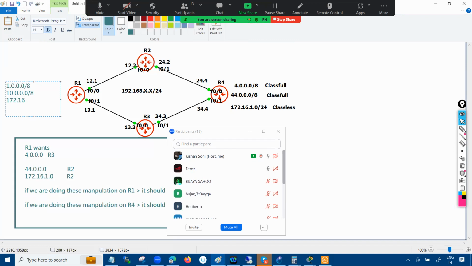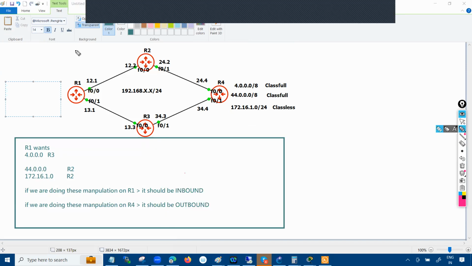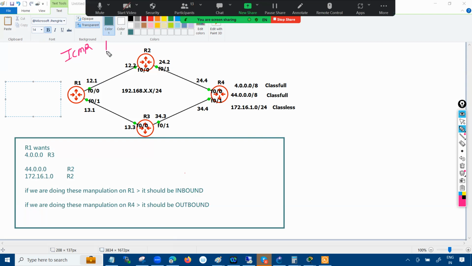No, only this. He's just talking about one-way traffic from R1 to R4 via R2. You're talking about the ICMP request packet, like this way. No, all the traffic. Not only ICMP, regular, so all the traffic. Yes.